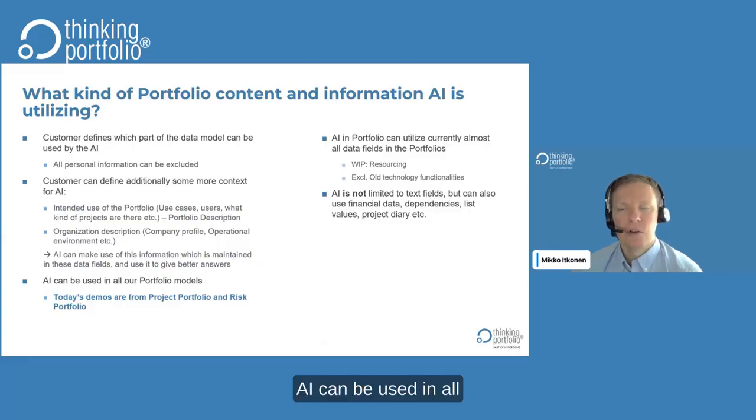AI can be used in all of our portfolio models. We currently have 40 plus portfolio models in production. And today I will showcase two of them, project portfolio and risk portfolio. But these features that I'm showing today are available in all different kinds of portfolios that we have in the market.